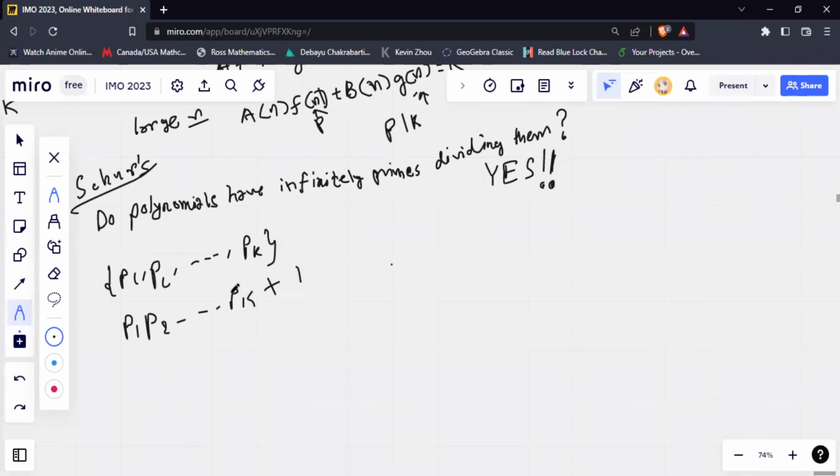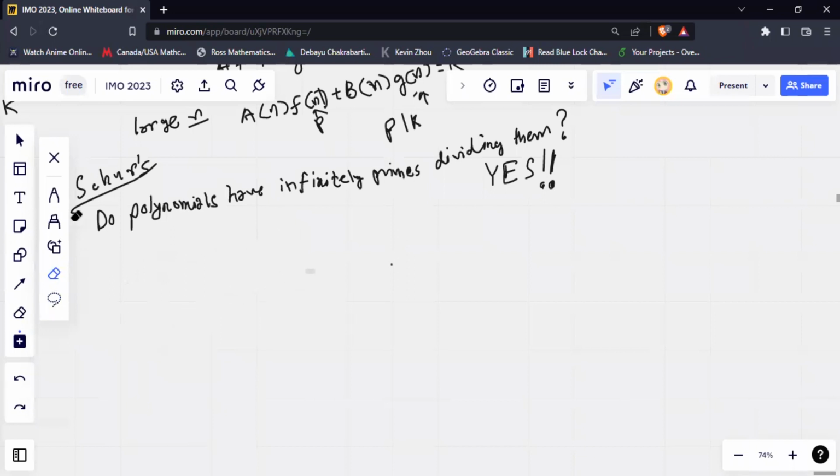Basically, in the polynomial, we take a prime for the dependent variable. For p of x, we take x whose VP is greater than the VP of the constant term for all the primes dividing this polynomial.